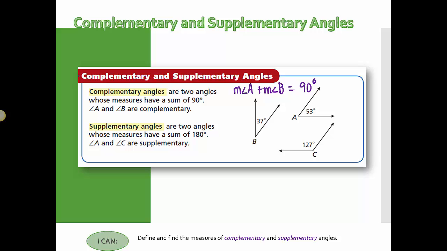And then supplementary are two angles whose measures sum to 180 degrees. In this case, A and C are supplementary. So we could say the measure of angle A plus the measure of angle C equals 180 degrees. So complementary, sum to 90, supplementary, sum to 180.